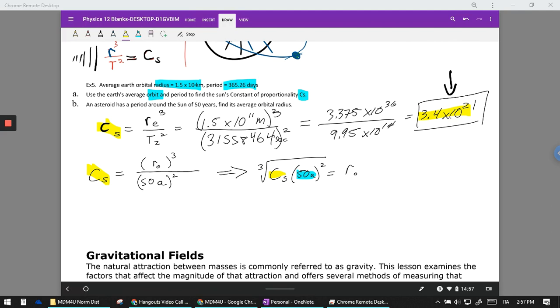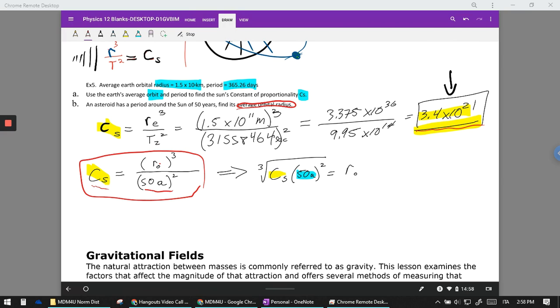Questions might ask you to find certain radii or periods of other objects, and you basically just use this formula. We know its period is 50 years, and that it's traveling around the sun, so it uses 3.4 times 10 to the 21, and we can now find the average orbital radius of this asteroid.